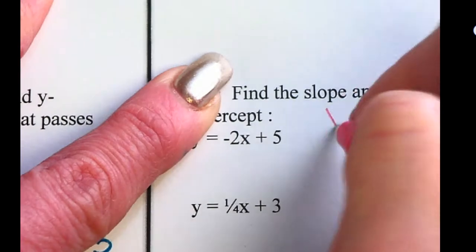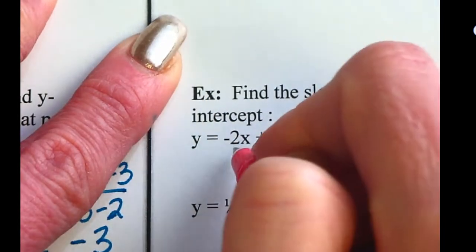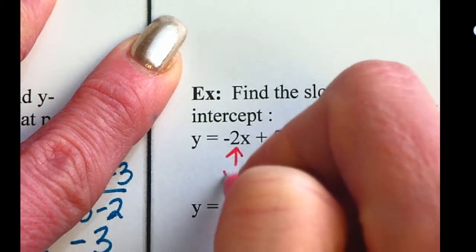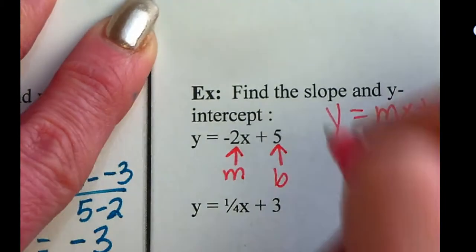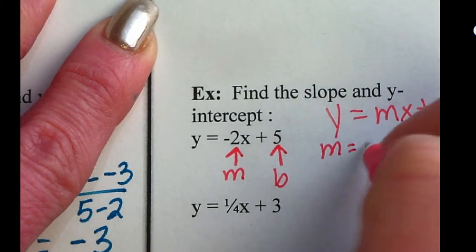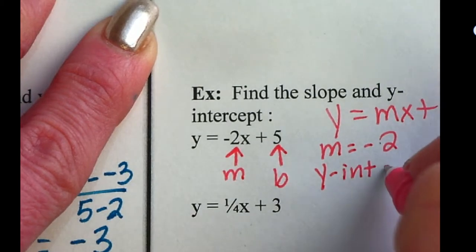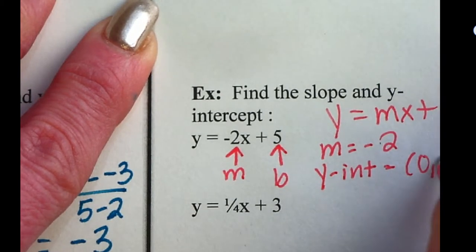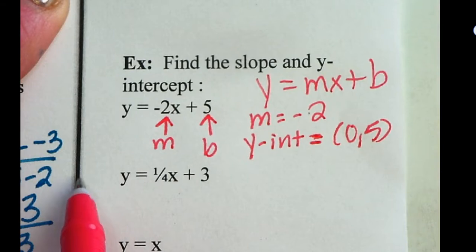So I know that y equals mx plus b. That's my formula. -2 is m, 5 is b. So my slope is -2, and my y-intercept is (0, 5). Make sense? So you're just pulling it from the equation.